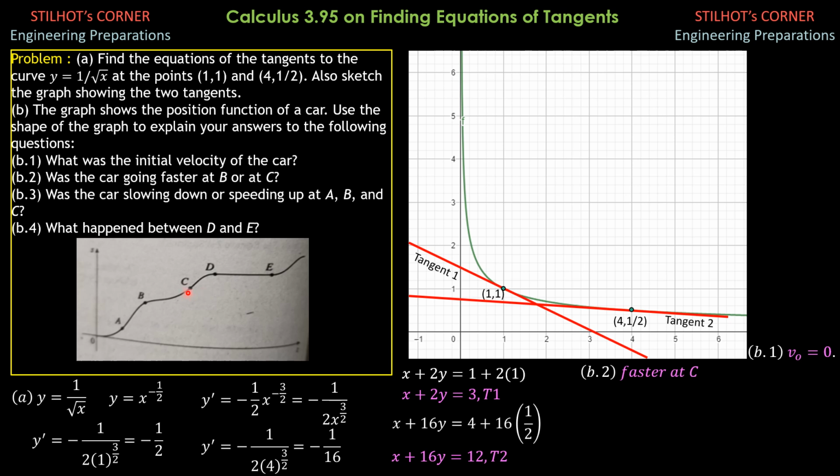It's not changing. So for our answer for B.3, the car was speeding up at A. At B, the car was slowing down. And at C, it's neither speeding up nor slowing down.